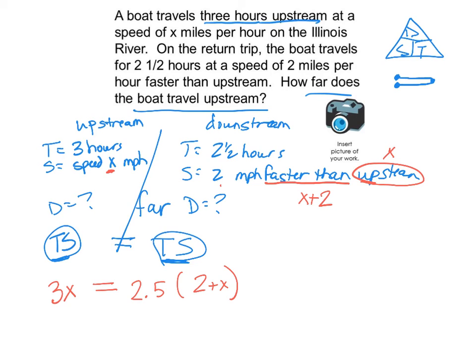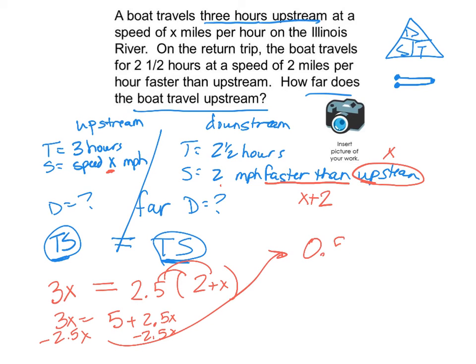Okay, so now I have my equation and I need to solve for x. Do distributive property. I have a decimal, but these numbers are so small, I'm going to leave my decimal, but you can get rid of your decimal if you want to.